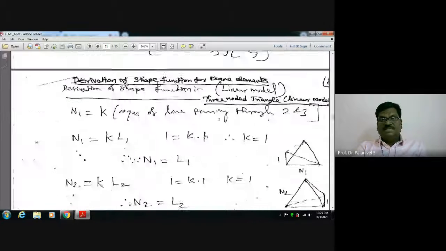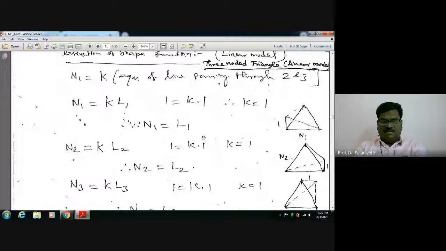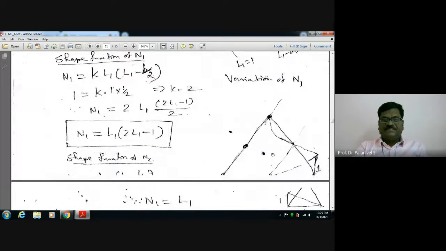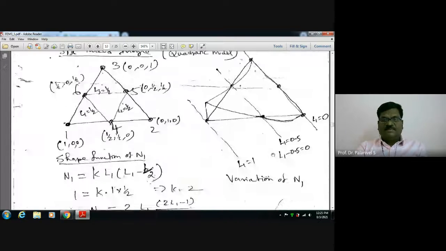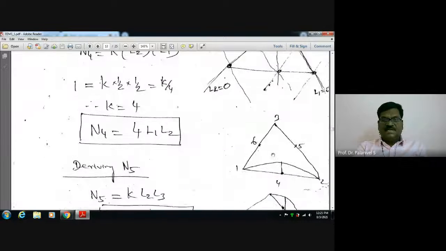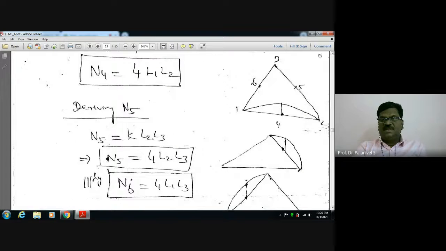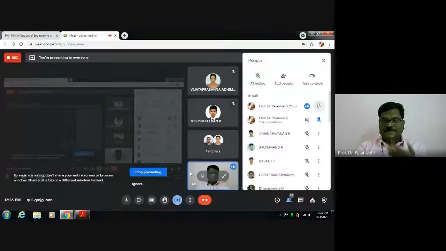All this kind of computation, your finite element program will be doing in the analysis. Next class, I will start the rectangular element. For this, we go for another system, the natural coordinate system, R and S system. I will do it in the next class. I will finish today. That's all about today's class.